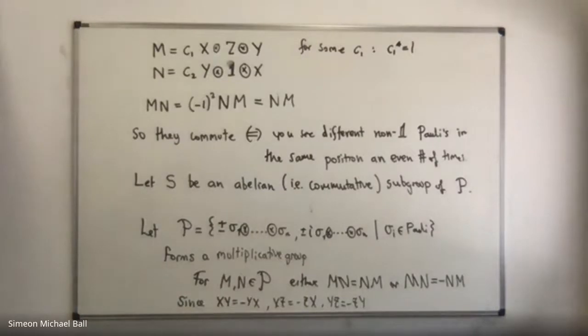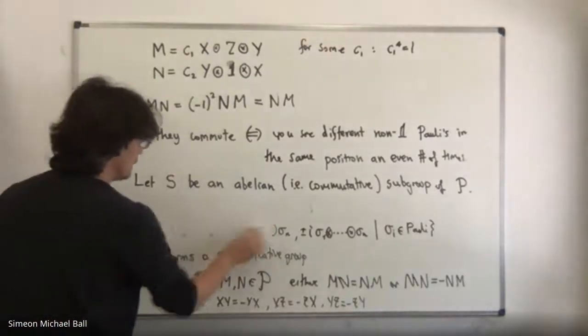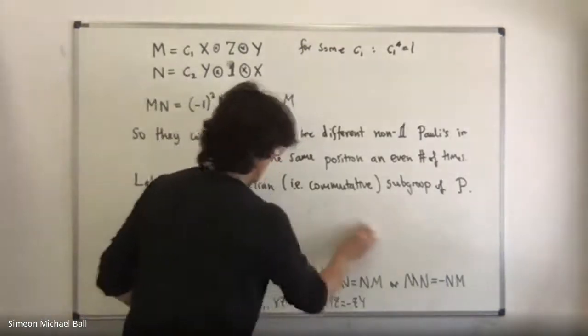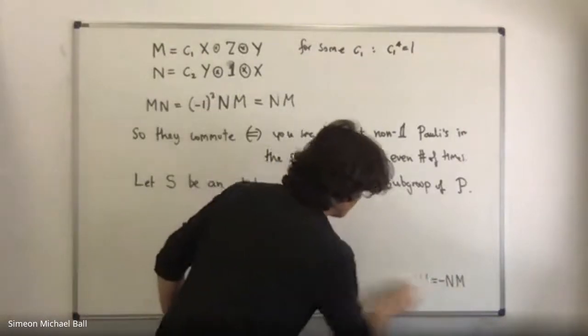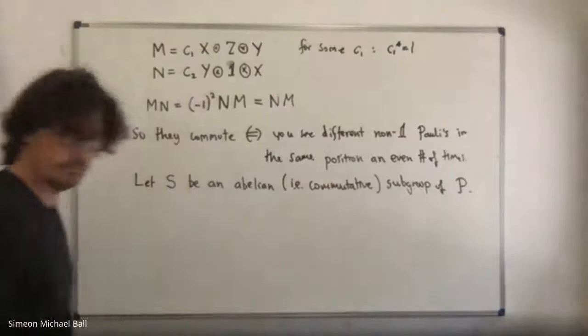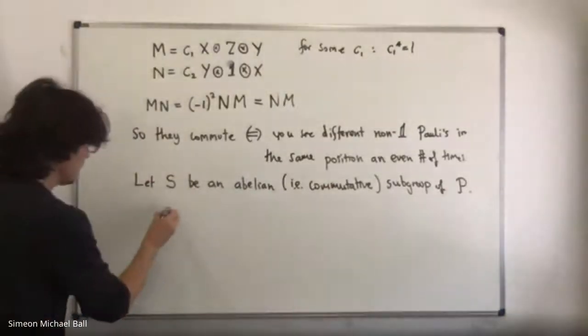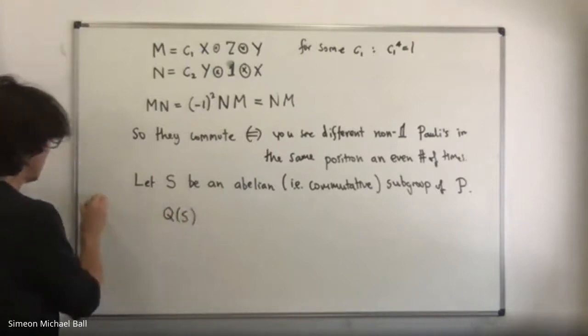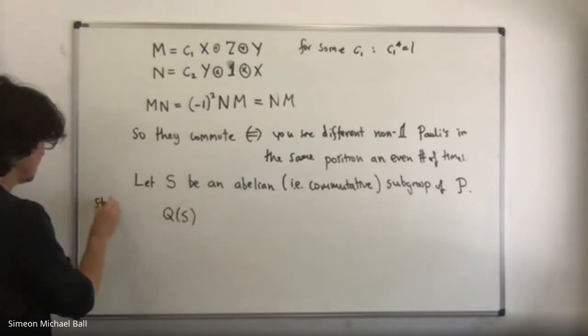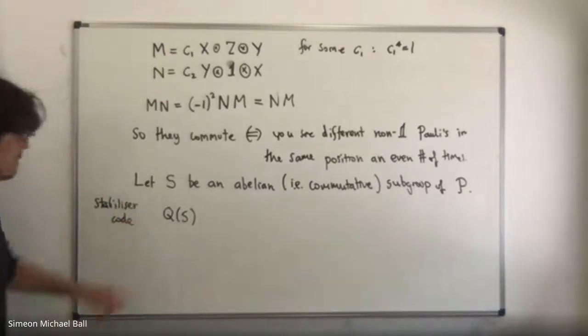And the stabilizer code is defined in the following way. Q of S, the stabilizer code. So we need to find some subspace.